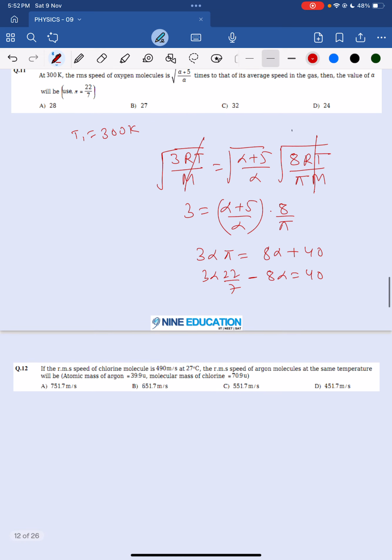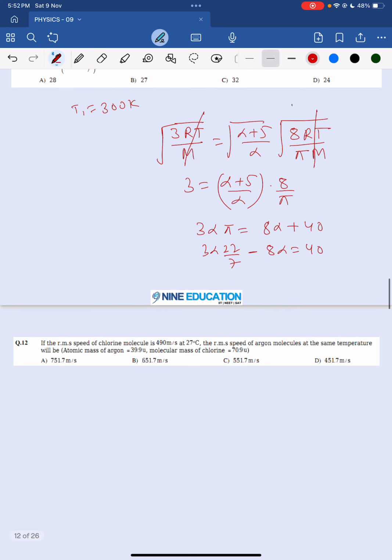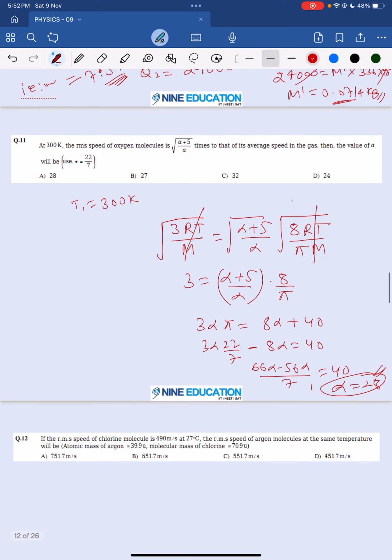So we have 66 alpha minus 56 alpha by 7 equals 40. So this is going to become 10 alpha equals 4 times 7, that is 28, correct? So alpha is 28.